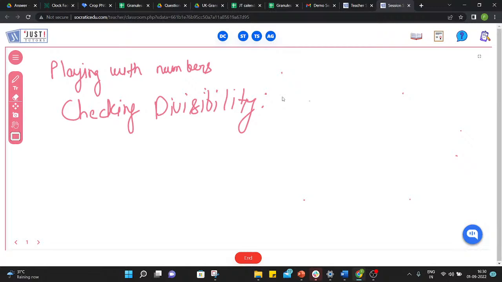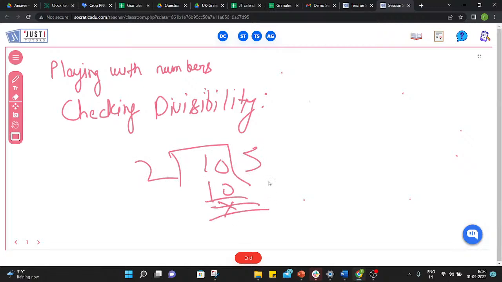If a number is divisible by 2, what it means is if you divide that number by 2, there should be no remainder left. Suppose we are dividing 10 by 2. We all know 2 times 5 is 10, and there is no remainder.